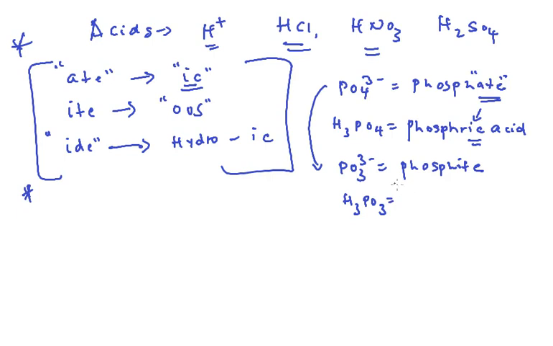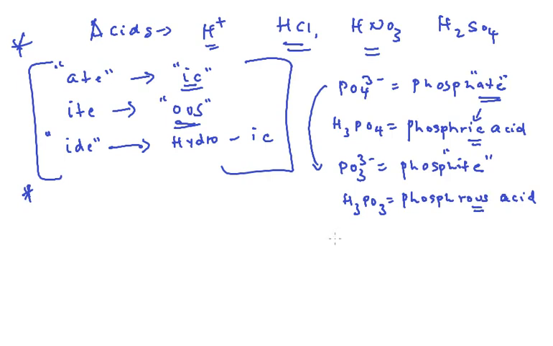And the name this time, as the rule says, instead of ITE, you say phosphorus acid. Phosphorus, OUS, phosphorus acid. So how does that come about? Because ITE always has to be dropped and then you put OUS.